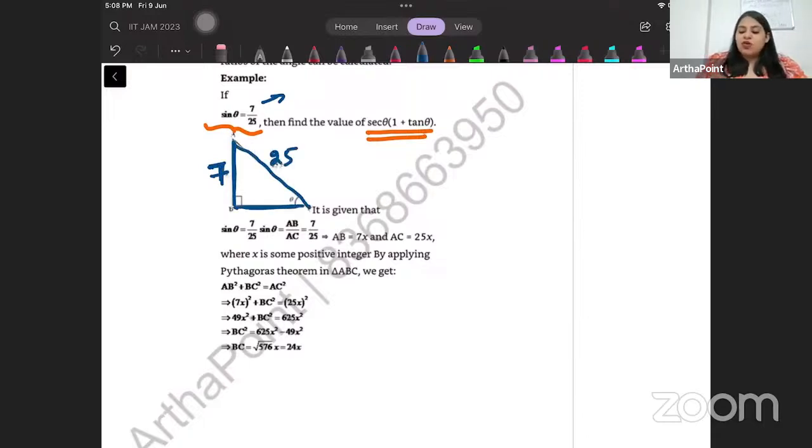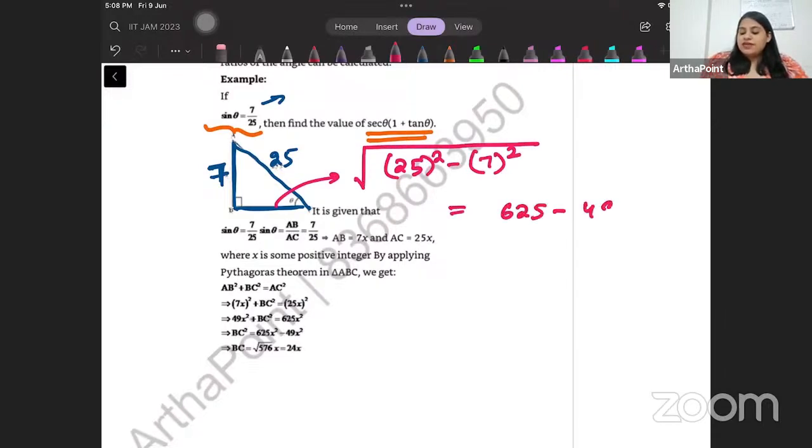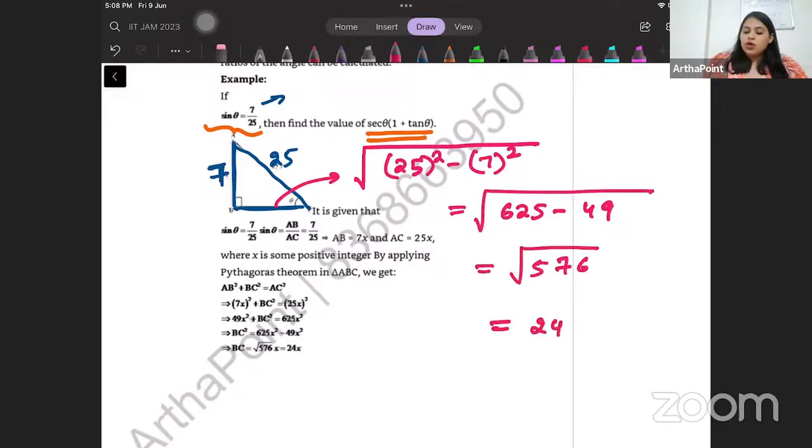You can use Pythagoras theorem and you would know that this is root of 25 square minus 7 square. So this should be root of 625 minus 49, which is root of 576. So this should be 24. So beta, this will come down as 24.